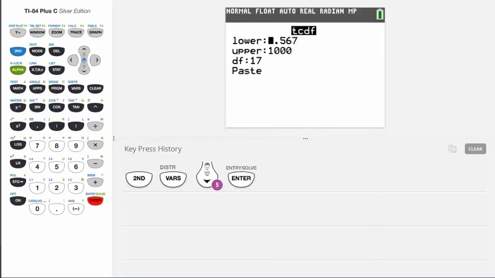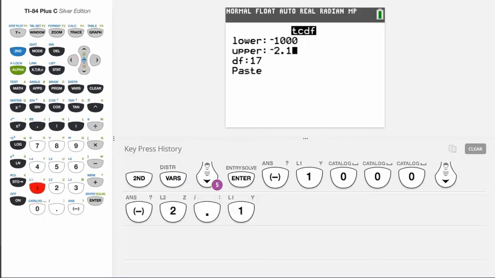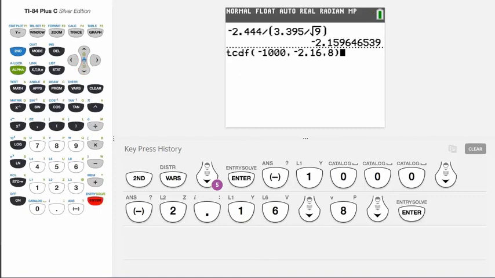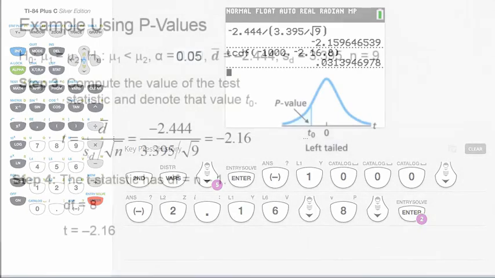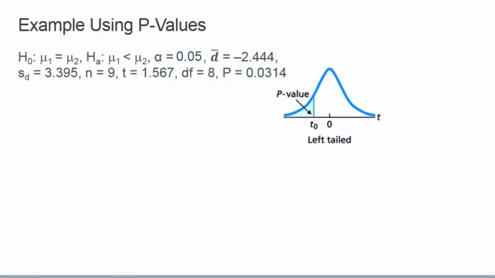Our lower limit is going to be a really small number. I'm going to use -1000. Our upper limit is going to be -2.16, and our degrees of freedom are 8. Enter, enter. Rounding to 4 decimal places, p equals 0.0314. The p-value is 0.0314.